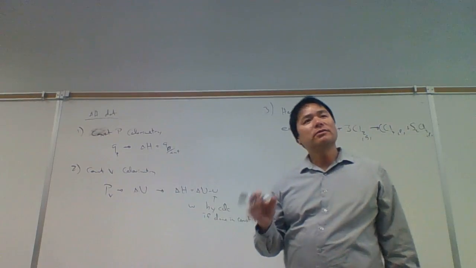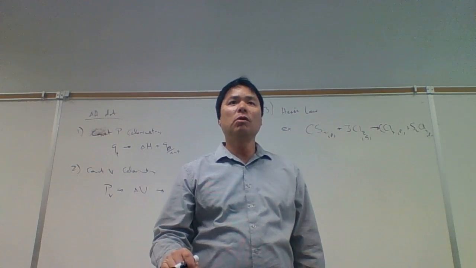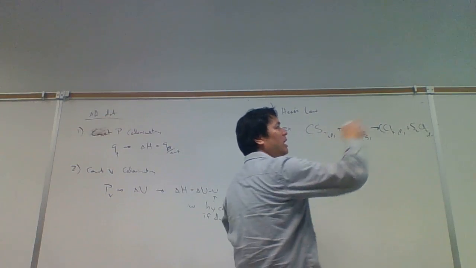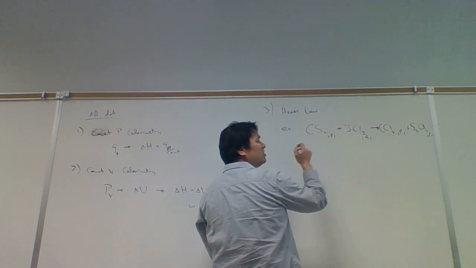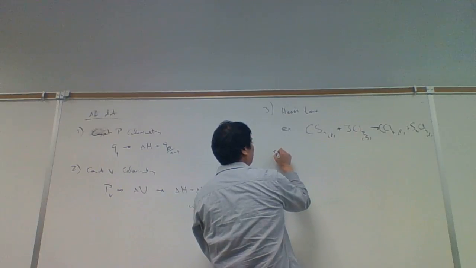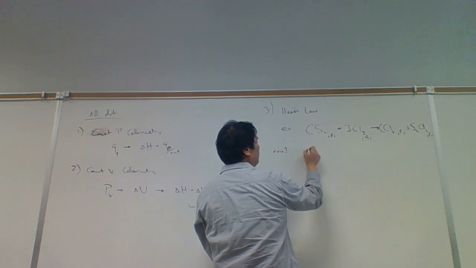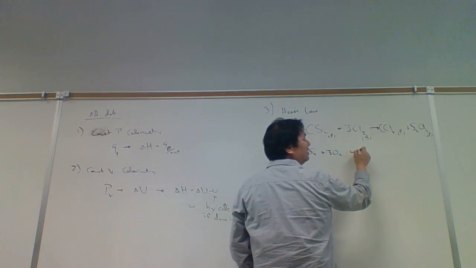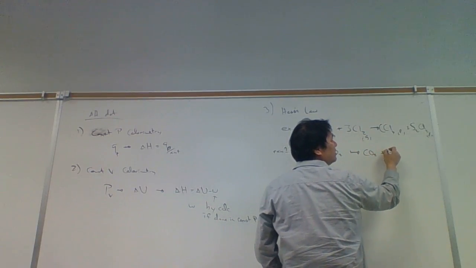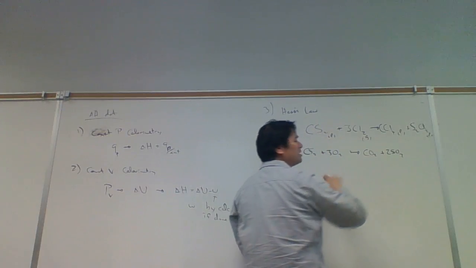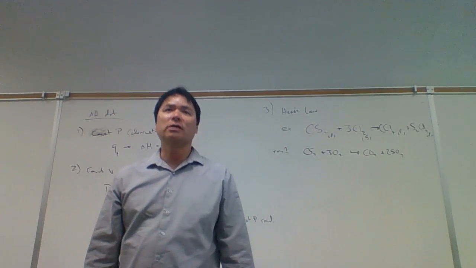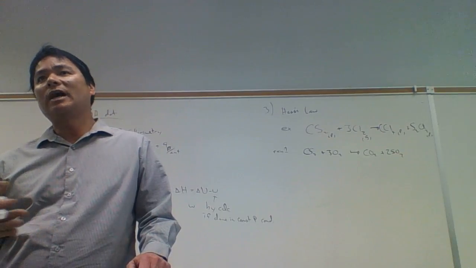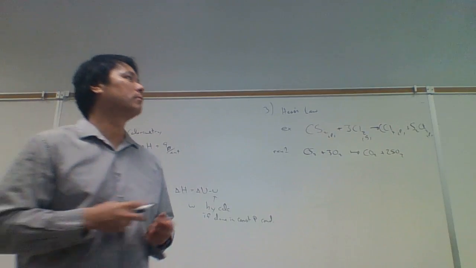I don't care about the other stuff because all I care about is 1 mole of CS2, right? So I'm going to take reaction 1 and just use it as is. Reaction 1 is CS2 plus 3O2 yields CO2 plus 2SO2. What about all this other junk? I don't worry about all that other junk, because if you do this right, it'll work out.